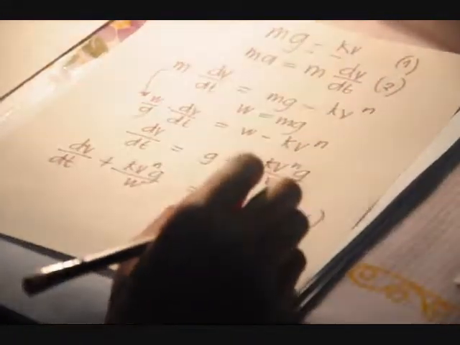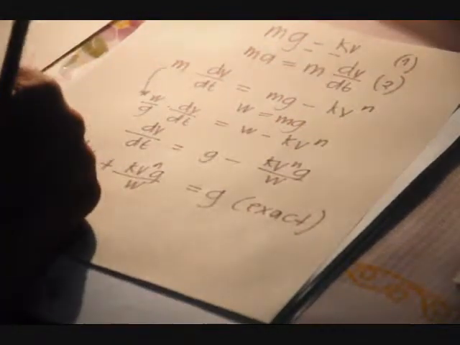So we can now solve its integrating factor. The integrating factor is equal to e raised to the antiderivative of kg over W dt, which is equal to e raised to kgt over W. So we will now multiply this integrating factor to this equation.